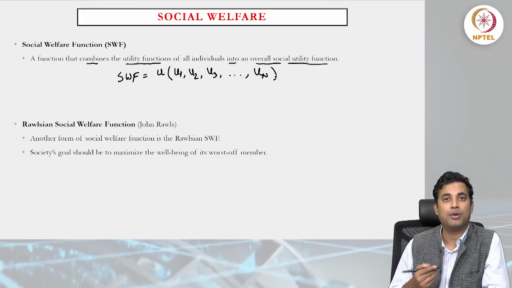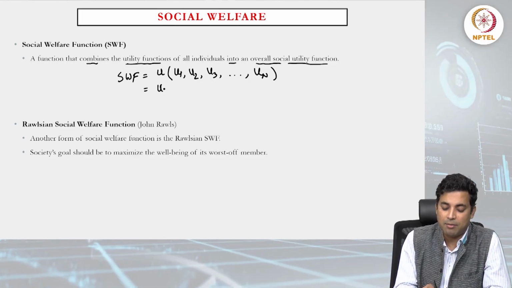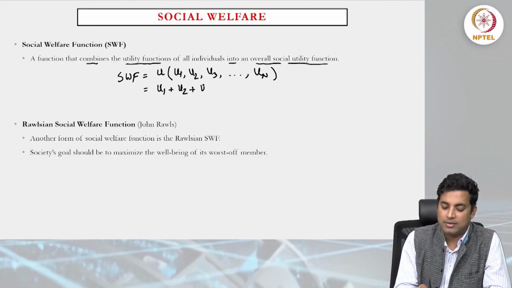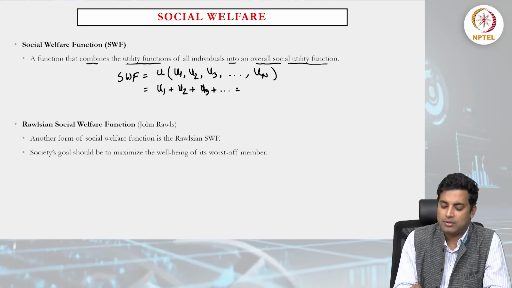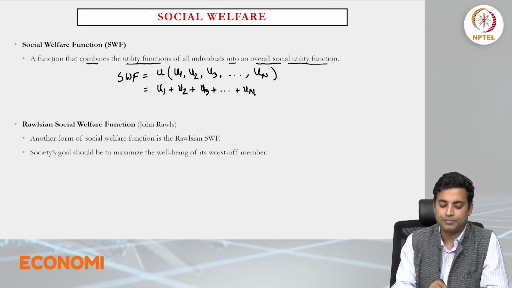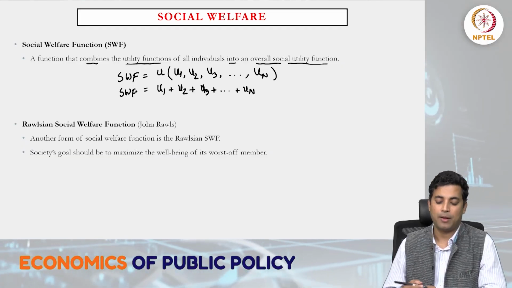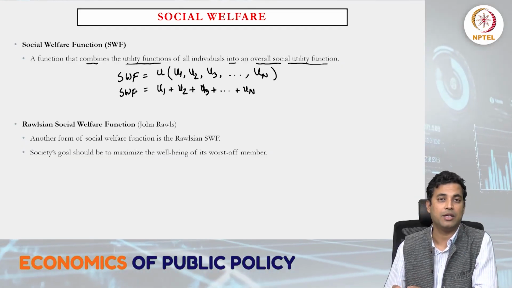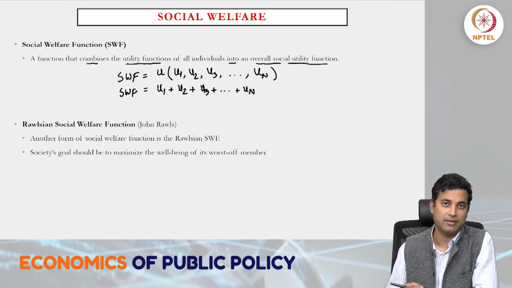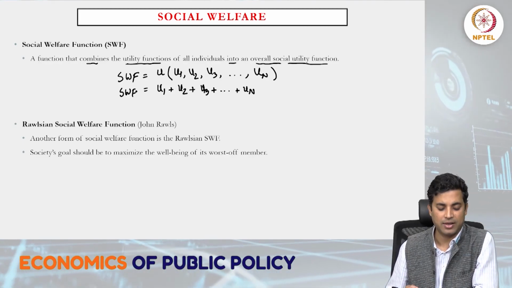In simple terms, we can also write it as the summation of U1 plus U2 plus U3 plus up to Un. So this is the overall social welfare function of the utility of any particular commodity or any particular policy meant for all of the population in the society.